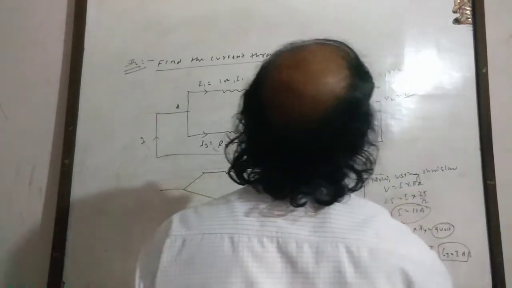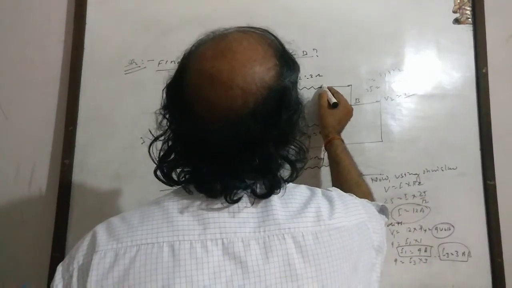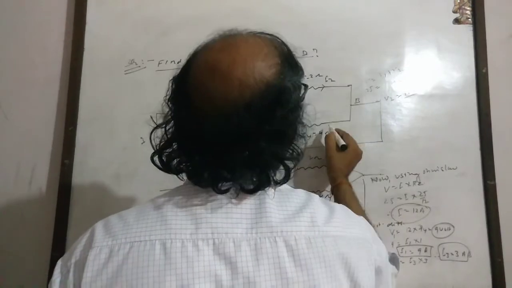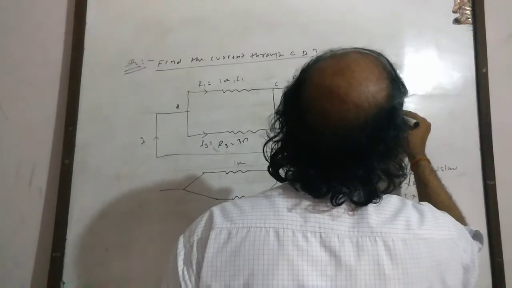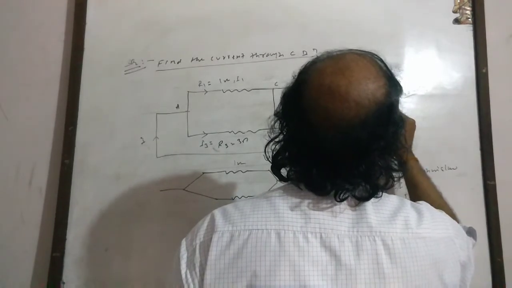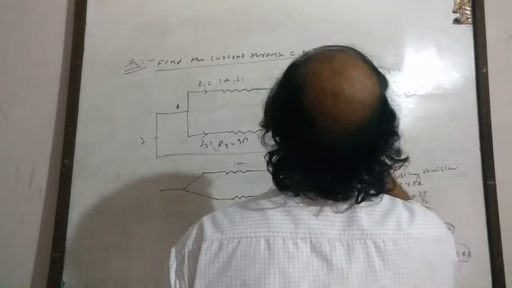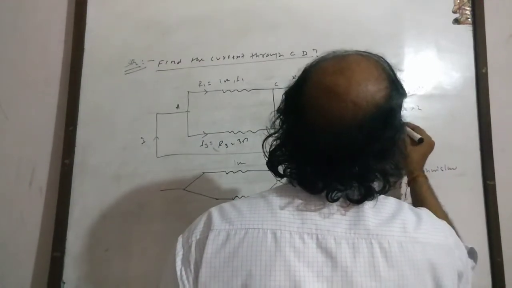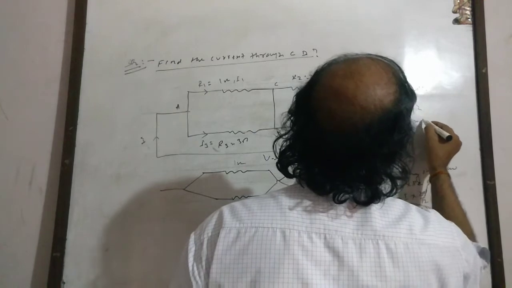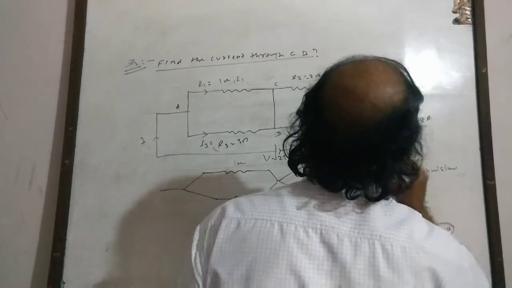And using the 16 volt, now find out the current here I2 and here I4. So 16 equals I2 into 2, and therefore I2 equals 8 ampere.